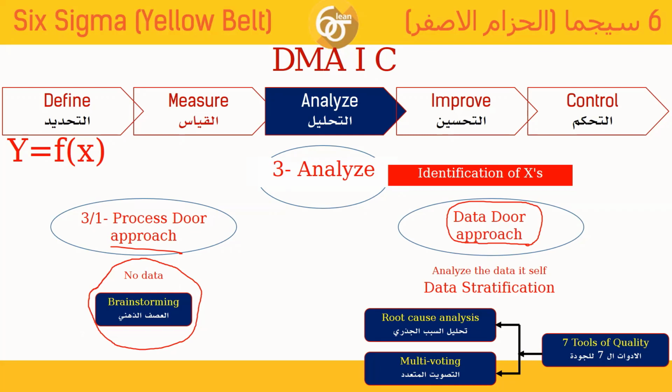We will use something called the 7 tools of quality. So what are the 7 tools of quality? We will know there are 7 tools. We will use them in order to identify the X.